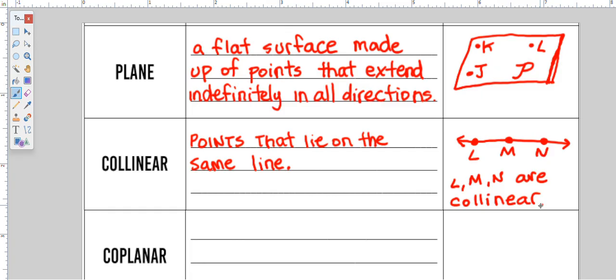It's important to note that if I tell you they're non-collinear, they do not lie on the same line, okay? Probably should have given myself a little bit more room, but non-collinear points do not lie on the same line.